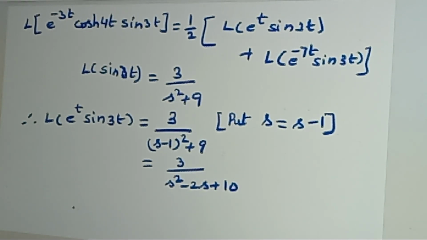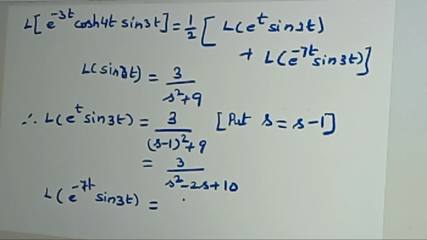Okay. Similarly, Laplace of e raised to minus 7t into sin 3t. What it should be? In 3 by s square plus 9, you have to substitute s is equal to what? s plus 7. यहाँ पे s minus 1 पुट किया है because e^at फॉर्म में है, a का वैल्यू 1 है. ठीक है, यहाँ पे e^(-at) का फॉर्म में है, सो s के जगह क्या पुट करना है? s plus a पुट करना है.